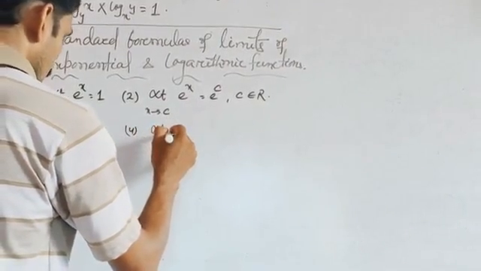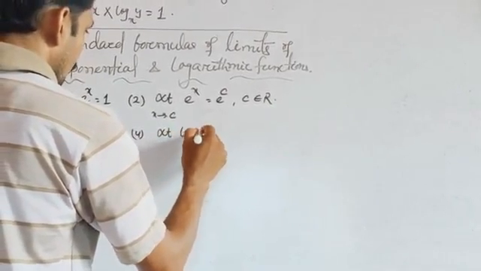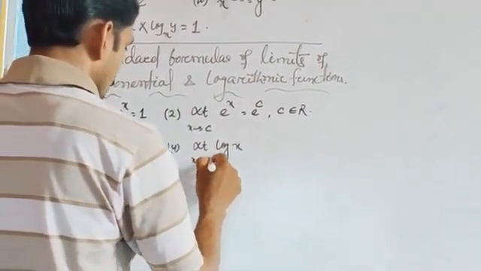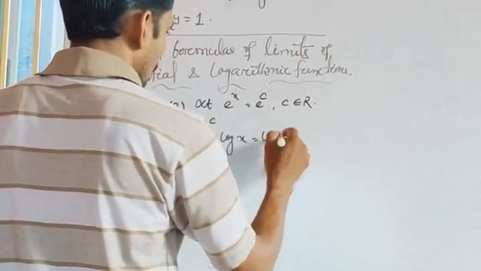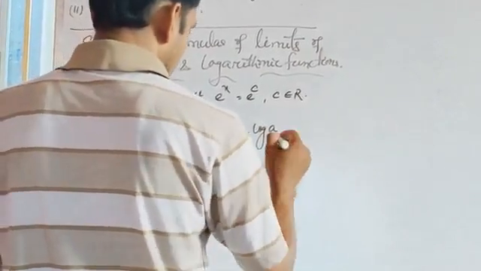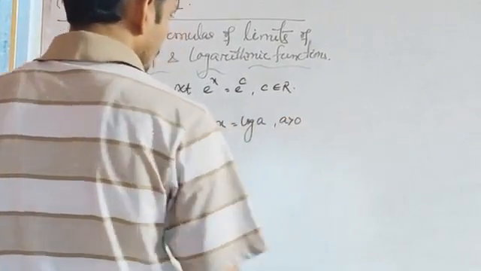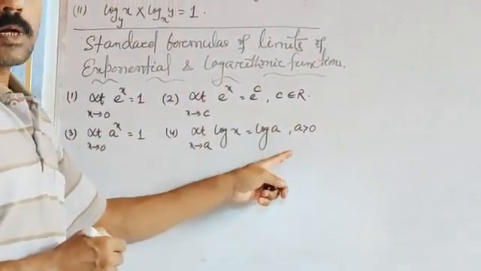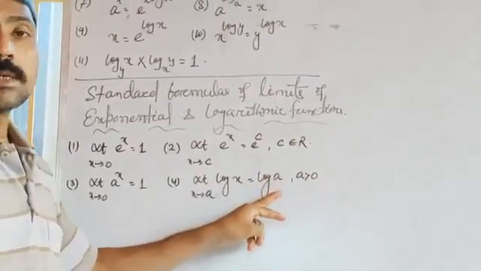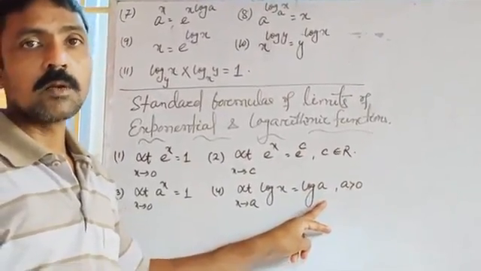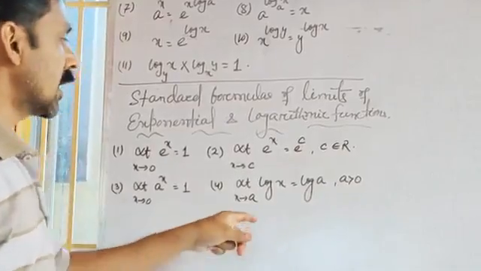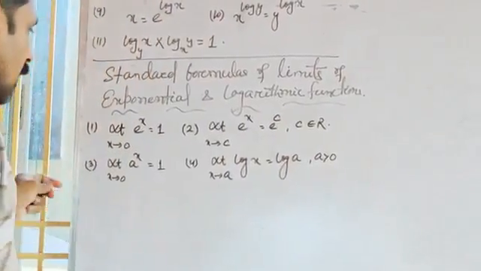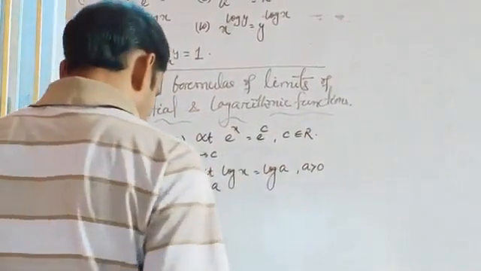The limit of log x as x tends to a is equal to log a, where a is greater than 0. Now it should be noted that when no base is mentioned in logarithm, it is always taken as e, the natural logarithm. e is the base of natural logarithm. So here the base is e.